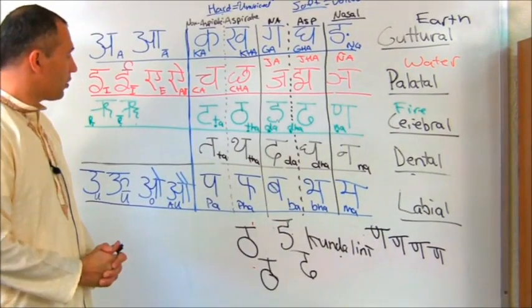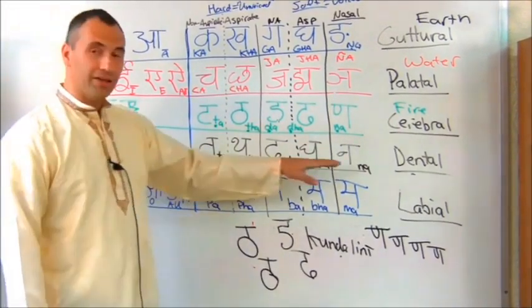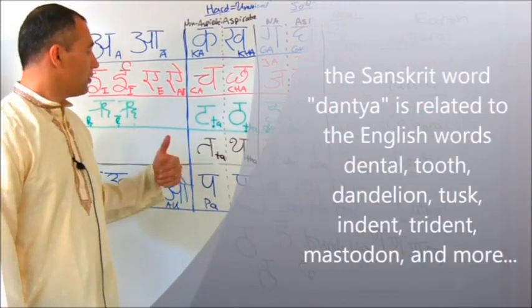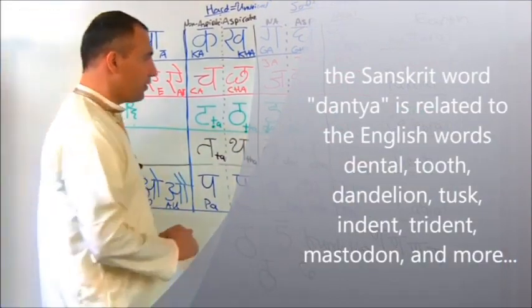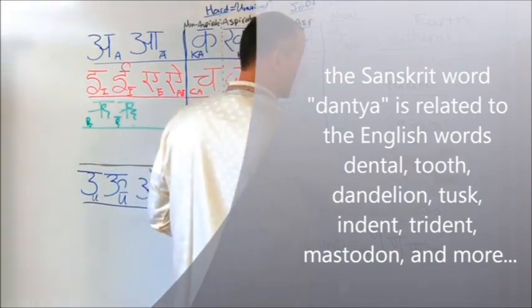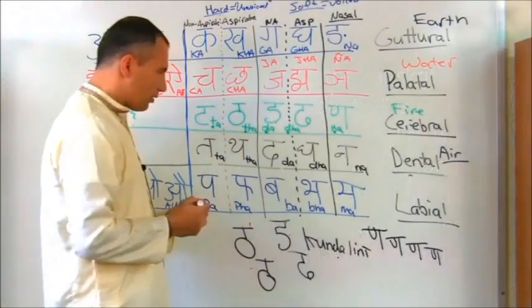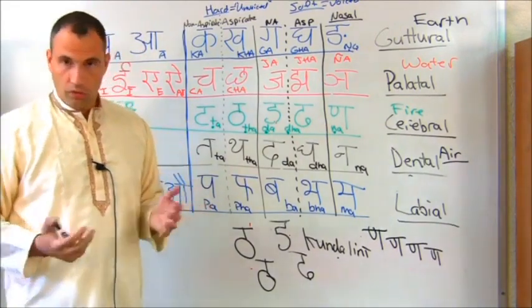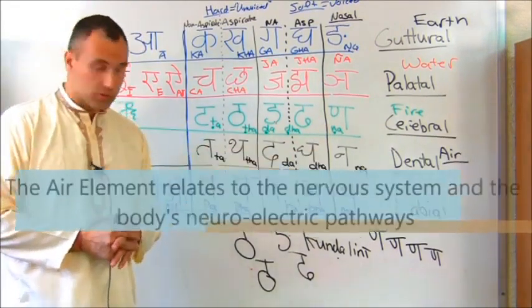All right, the next row is the dental, dantya in Sanskrit. The dental is associated with the air element. So the air element has to do with movement and the movement of your vital energy, also the joints.